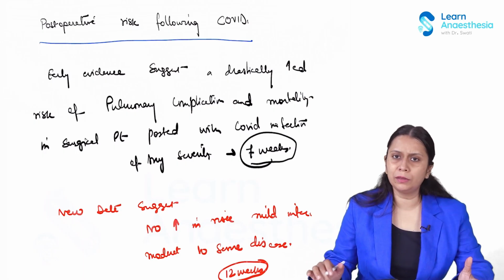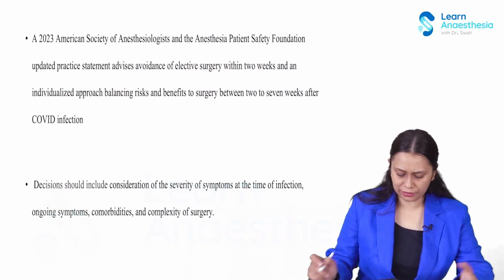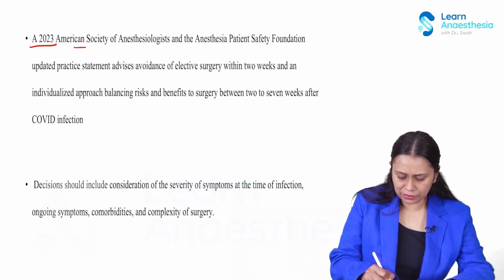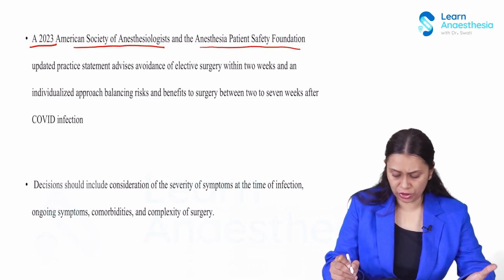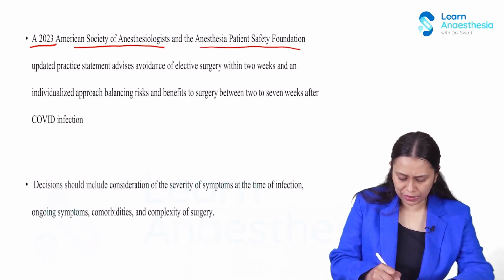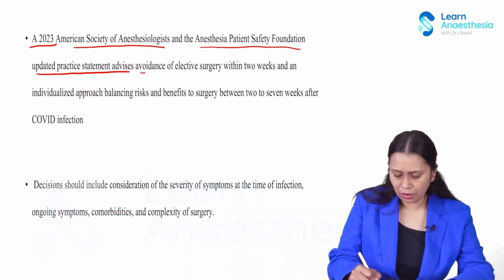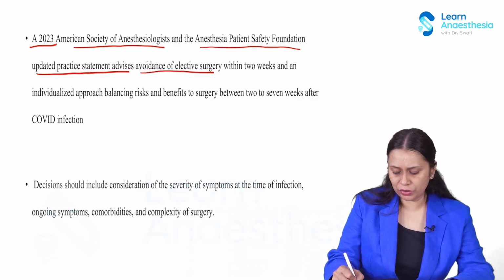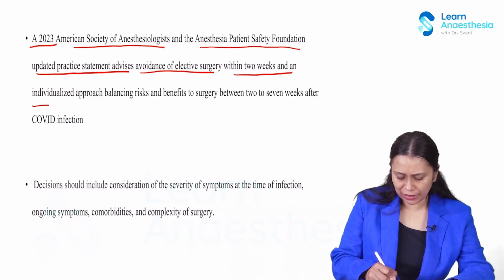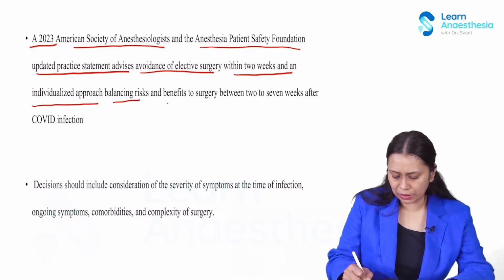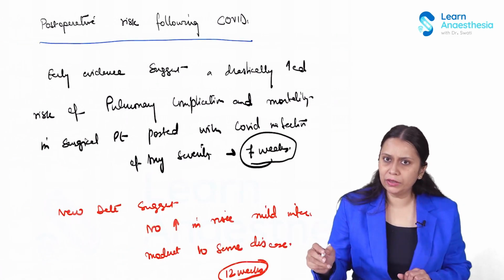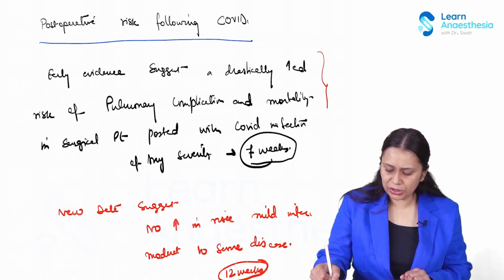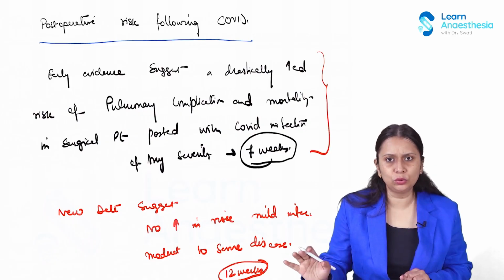So there was a memorandum passed by ASA. In 2023, the American Society of Anesthesiologists and Anesthesia Patient Safety Foundation updated the practice statement, advising avoidance of elective surgery within 2 weeks and an individualized approach, balancing the risk and benefit of surgery, between 2 to 7 weeks after COVID infection. So what did I say? Previously, for any COVID infection, the patient was not taken for surgery for at least 2 weeks.